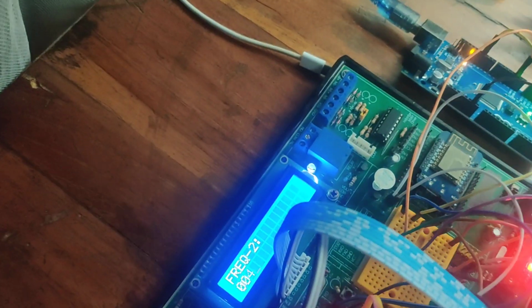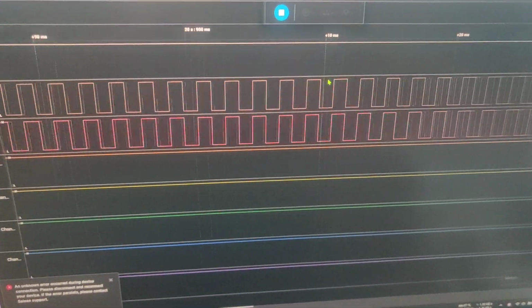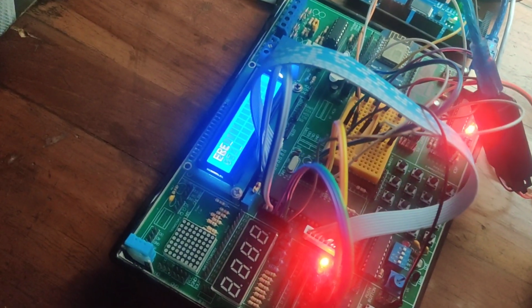If I reset the whole thing, the summation signal goes out where the actual signal is being produced. So whenever the second frequency is read, then we'll get the signal.